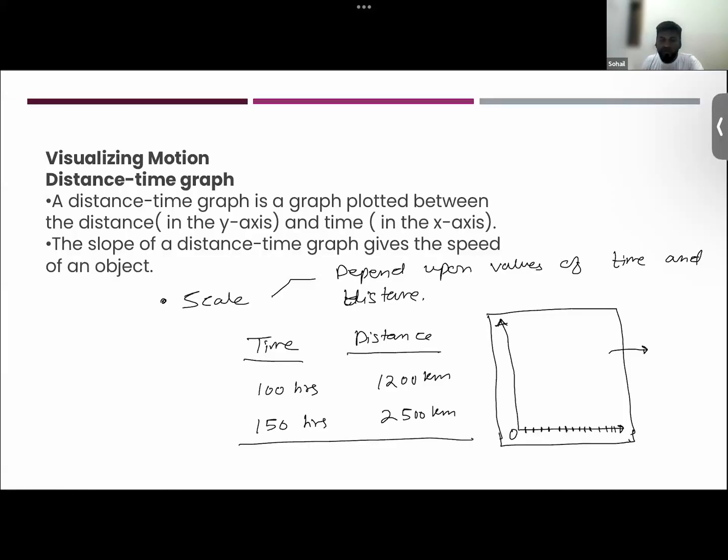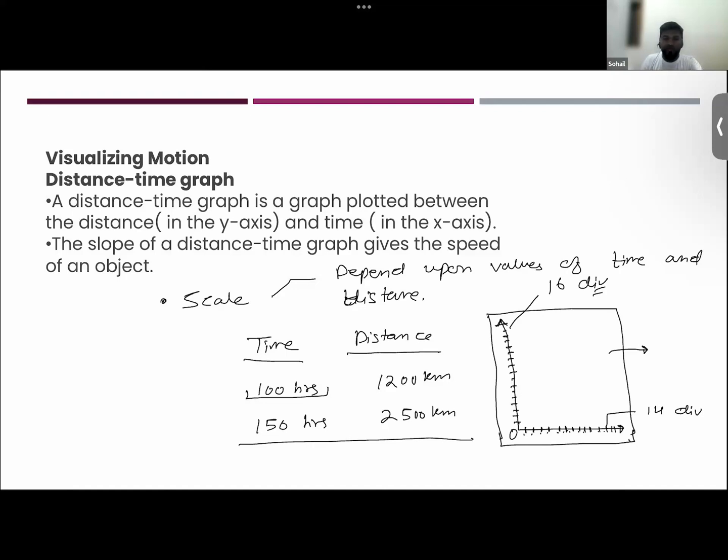So you have taken 14 divisions here, and you have again taken some divisions here as well. So you tell me, what scale should we take for 100 hours? Let me tell you how many divisions are here. There are 14 divisions here. And there are 16 divisions here.